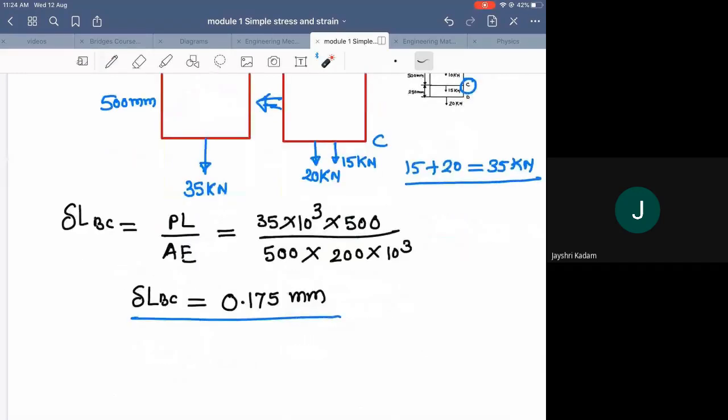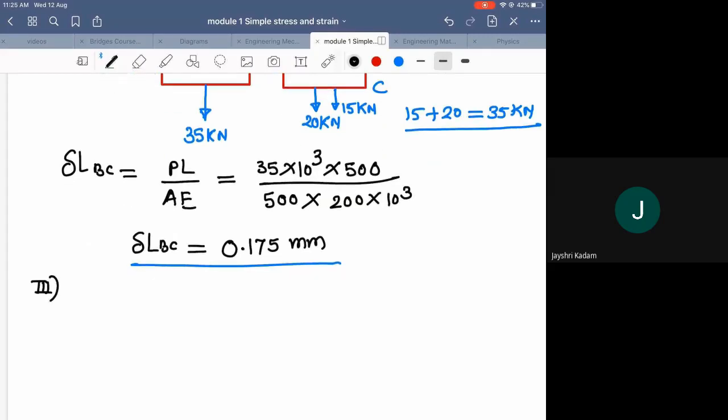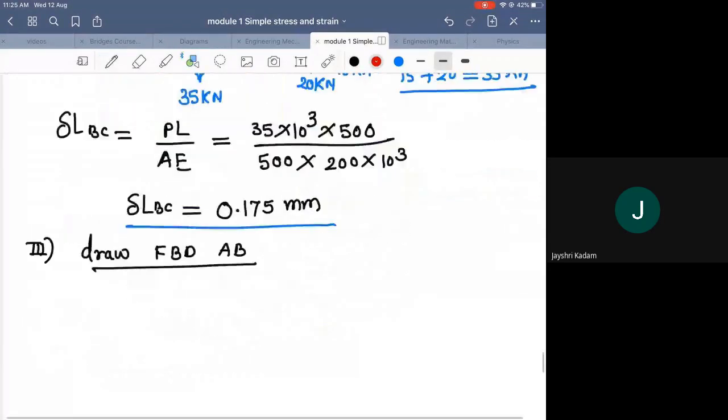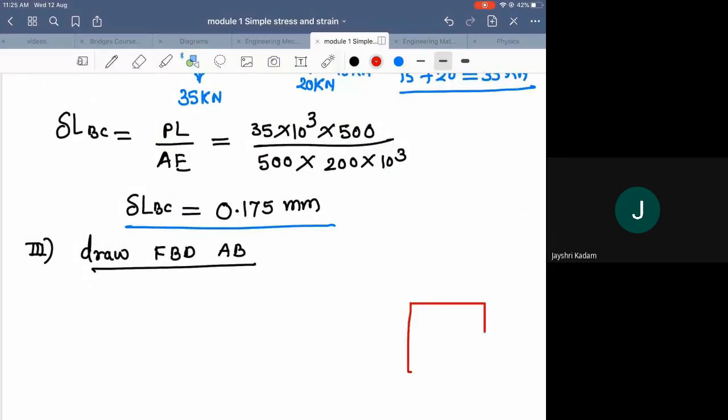So I write this as the third part: draw the FBD for member AB. Again it is nothing but a rectangle or square.